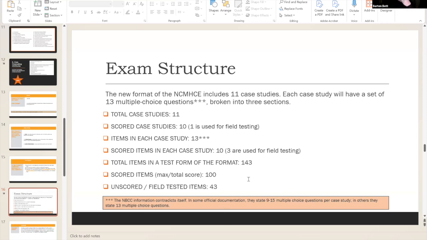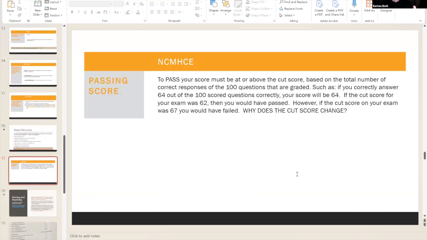From the feedback over the last 2 years, the total items on a test typically are at least 143 and up to 150, no more than 150. The scored items, again, will be 100. As such, if there's 143 questions, 100 are scored, 43 aren't. But you don't know which ones are being scored, so you've got to do your best on all of them.